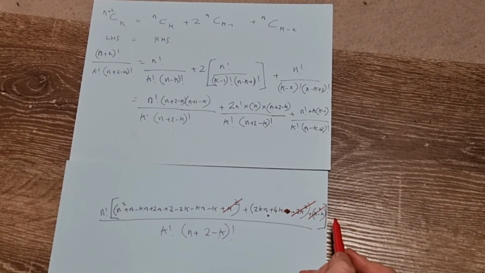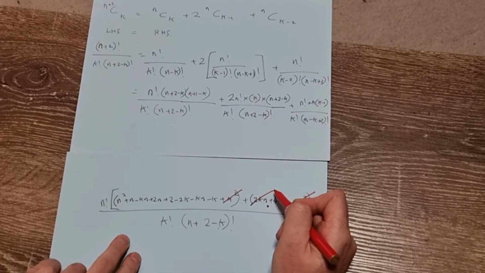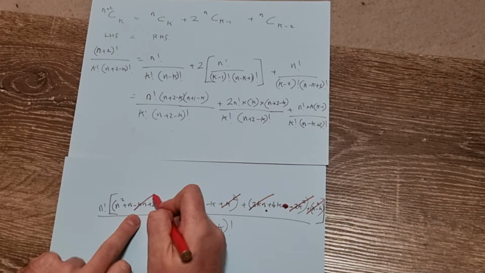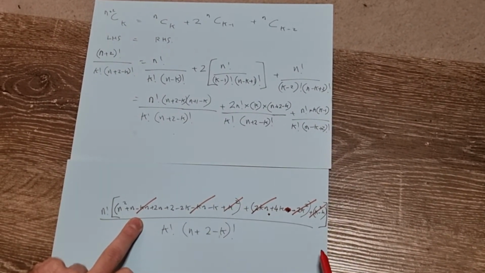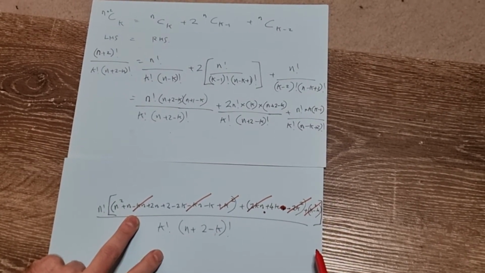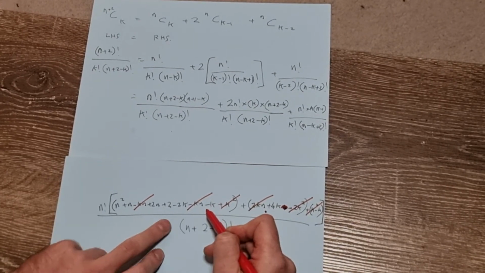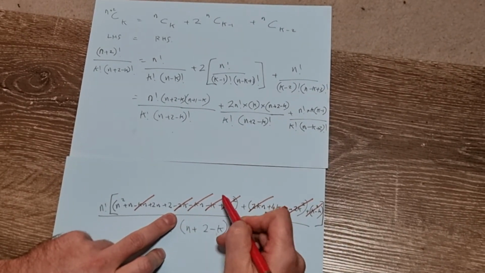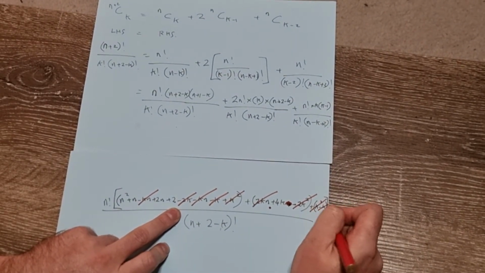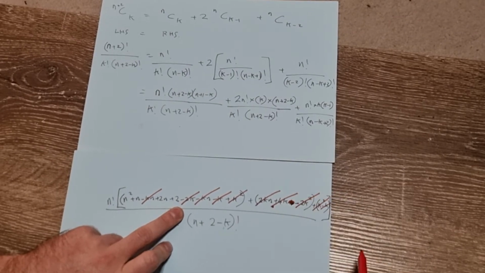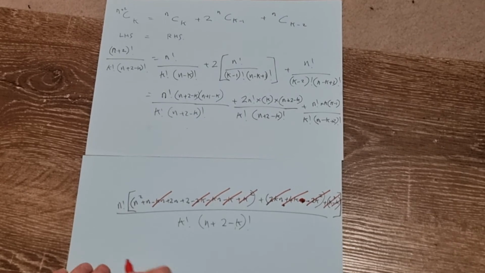There's no n there. Okay, so we've got 2 kns here. We've got negative kn there, and we've got a negative kn there. So there you go. We've got a negative 3k here. That gives negative 4k, so that goes.